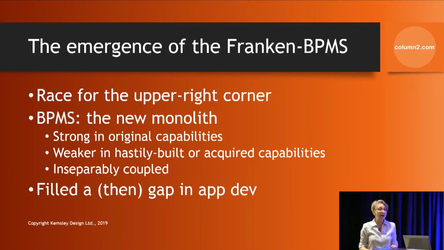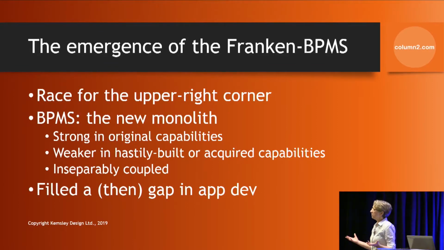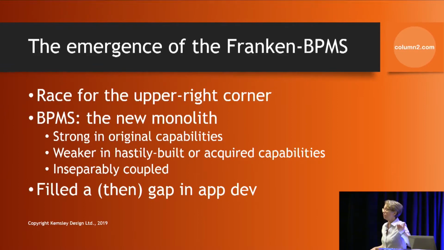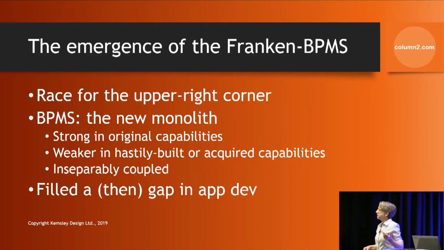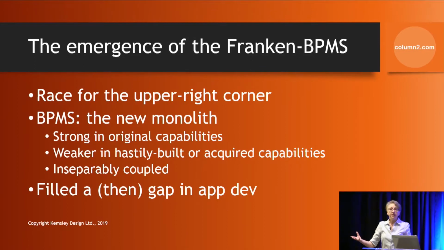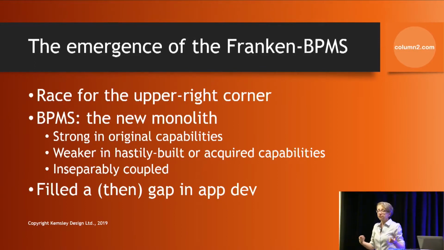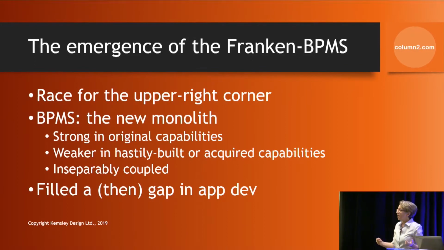We're back to the monolith model again. You might have capabilities in there that you don't need. Maybe you have a different rules engine that you're already using inside your organization, and you don't want the one provided within the BPMS. Well, you're still paying for it, because it's bundled in there. Even if you're not using it, it's taking up some amount of cycles just sitting there, and it also means you're paying maintenance on it and all of that.